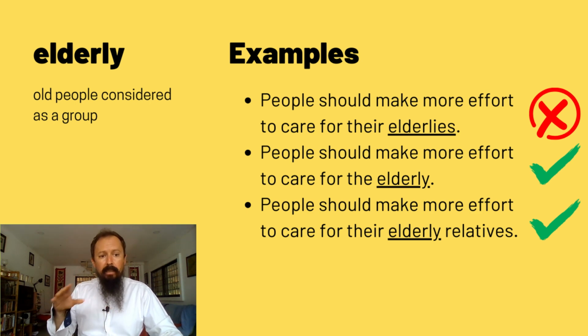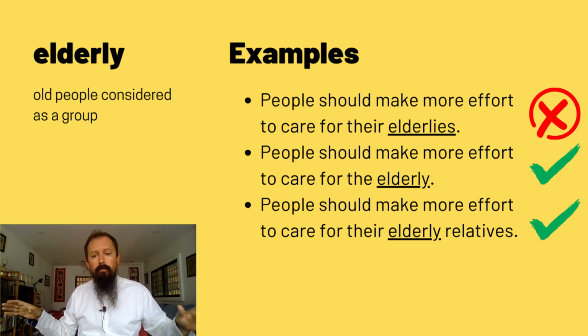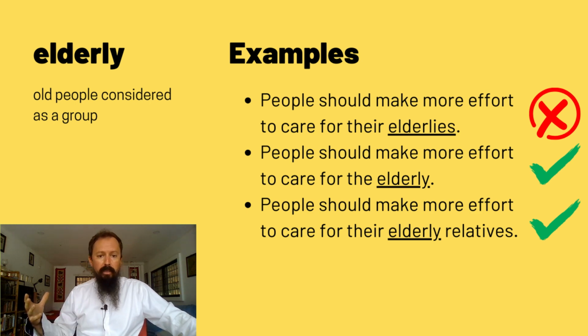So actually, again, like generation, it means people considered as a group. In this case, it's old people as a group. So we cannot say elderlies. It's never going to be correct. We talk about the elderly as one whole group, or we can use it as an adjective, elderly people, elderly relatives. You can see my examples here.